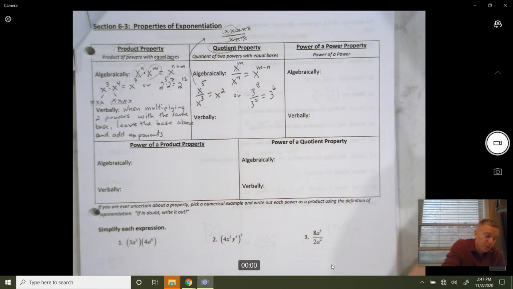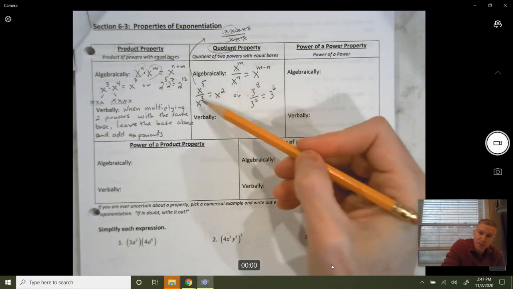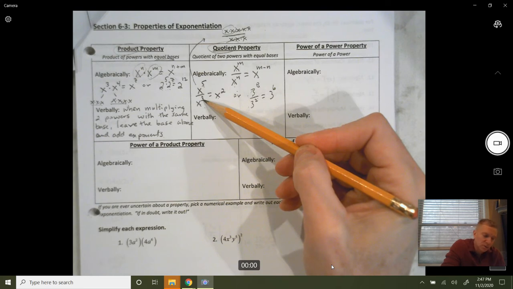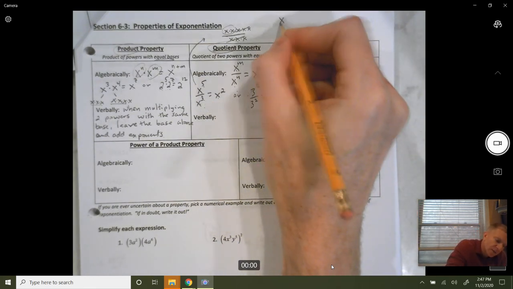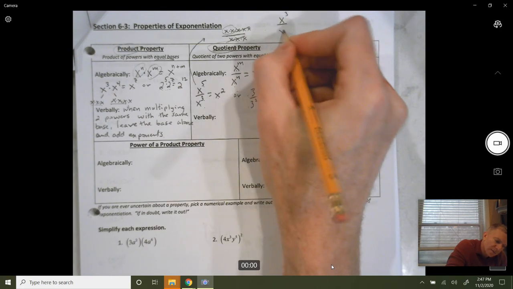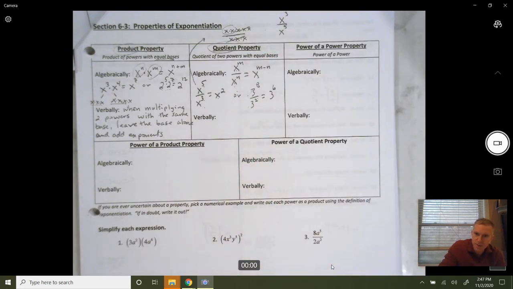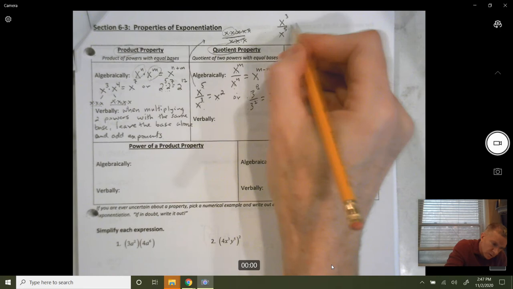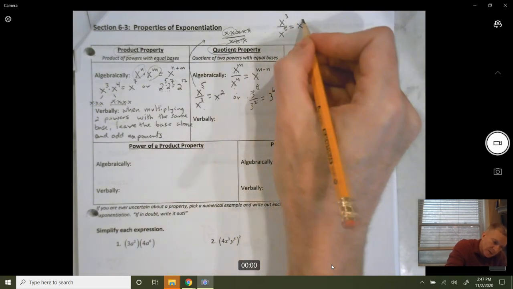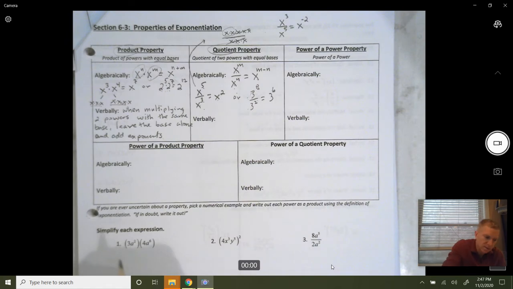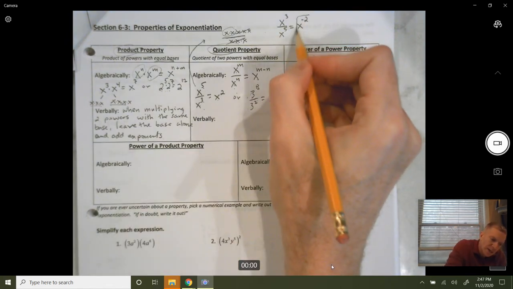Okay. Now, you might be asking what happens if the exponent in the denominator is bigger. Well, let's see. If I have x to the 3rd over x to the 5th, there's a couple ways to think about this. You can still do that rule: x, and then 3 minus 5, which gives you negative 2. That's correct. Sometimes you don't want a negative exponent.